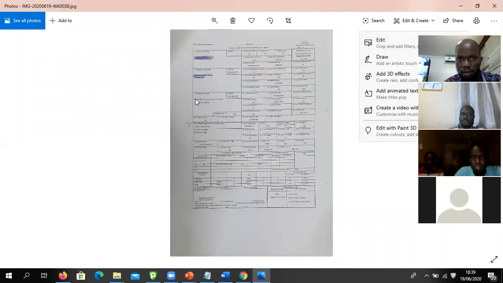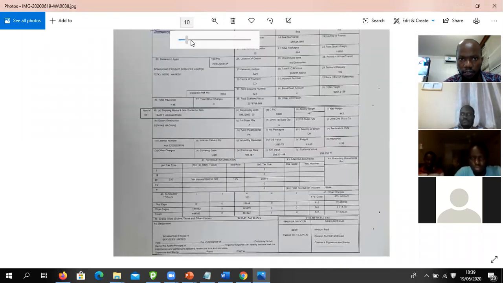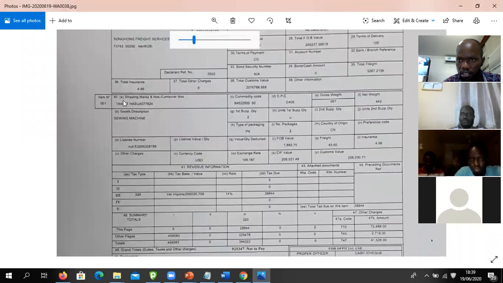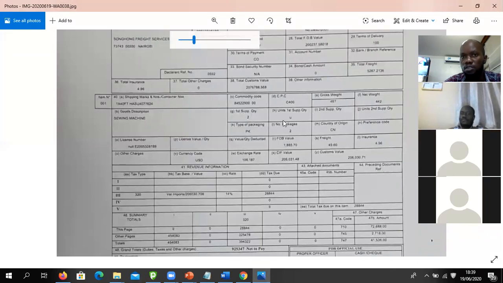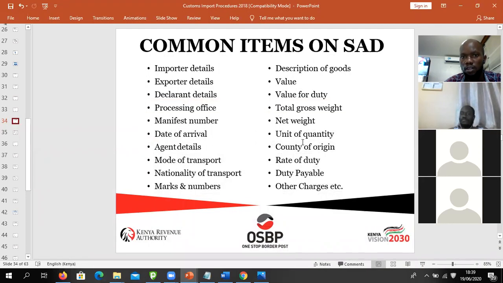So that area that I had marked, let me just zoom in so that you see the area. So the first item is this. Another item that's added, you just have item number 2 appearing in a similar format. Maybe I'll share with you a similar entry of more than one item so that you understand what I'm meaning to say. Then value of those particular goods and value of duty, total gross weight.